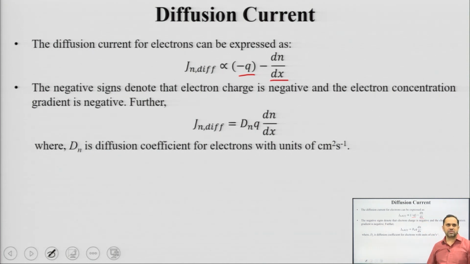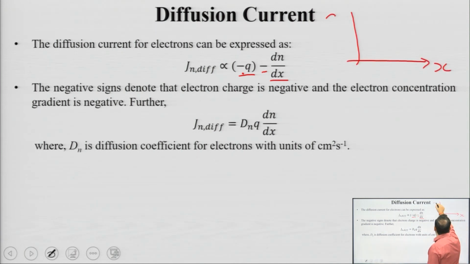Okay. Now, you see that there are two negative signs here. This negative sign is because the electron charge is negative. Okay. So, electrons have negative charge, there is one minus sign here. The second negative sign is because I have said that the concentration gradient is always negative. Okay. So, if you plot electron concentration with respect to distance, you have high and then lower concentration.